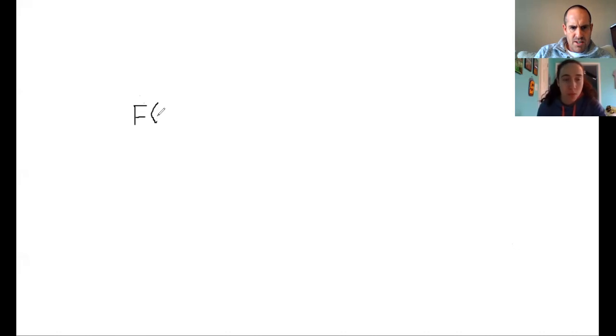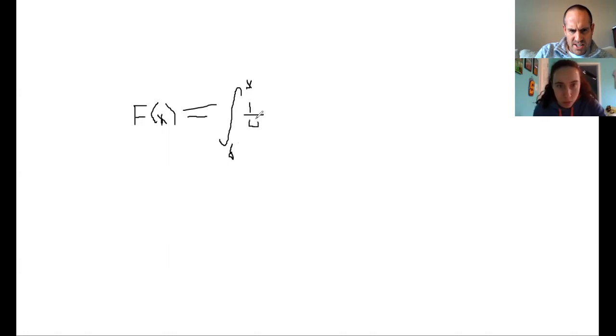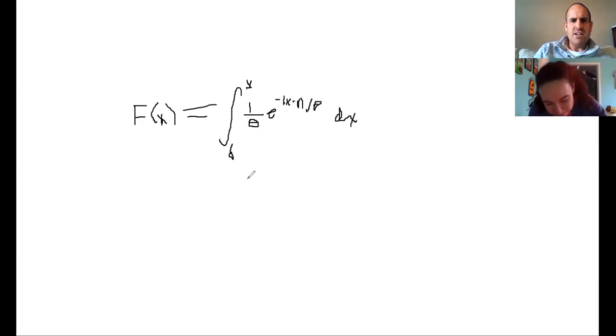So capital F of little x is equal to the integral from delta up to x of this thing, 1 over theta (for some reason they decided to use this parameter theta) times e to the minus x minus delta over theta, dx.